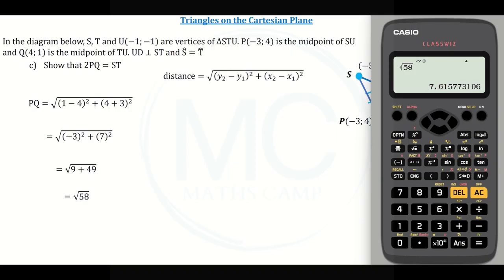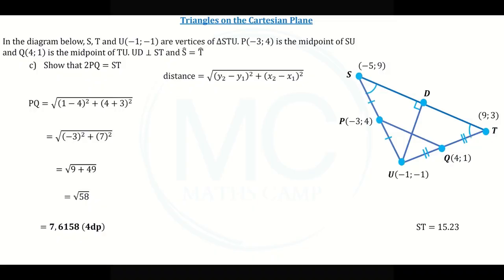But rounding off during a question can make your final answer incorrect. So let's round this answer off to 4 decimal places because we haven't yet finished this question. And we get an answer of 7.6158 to 4 decimal places. This is the length of PQ.